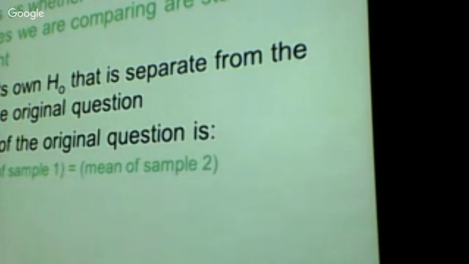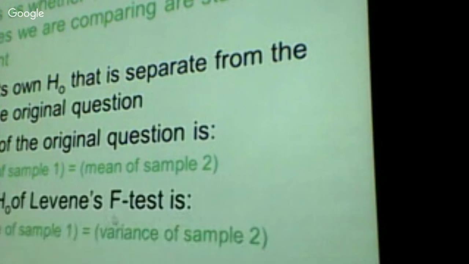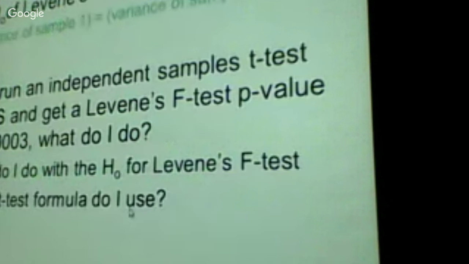They're the same. All the variances are the same, right? So the null of the original question is the means are the same. The null of Levene's F-test, the variances are the same, right? So this is separate from that. We do this in order to do that. Okay? So the null hypothesis of Levene's F-test, the variance of sample 1 is the same as the variance of sample 2. That's what we're testing with the F-test.